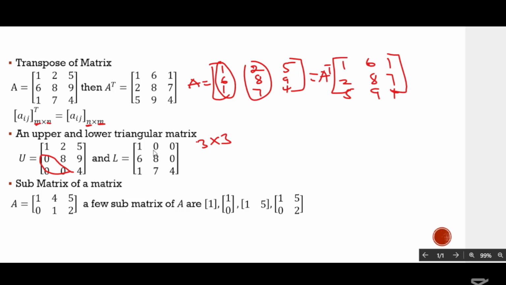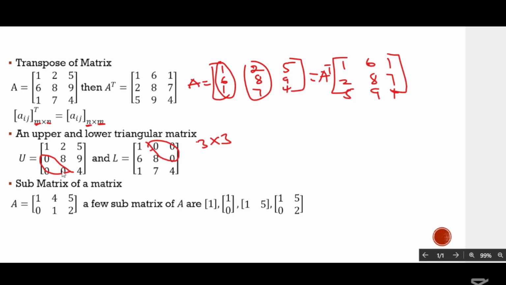Now, when you have the zeros above the diagonals, then this is called a lower triangular matrix.